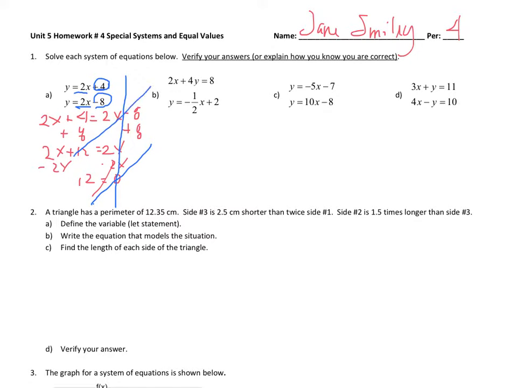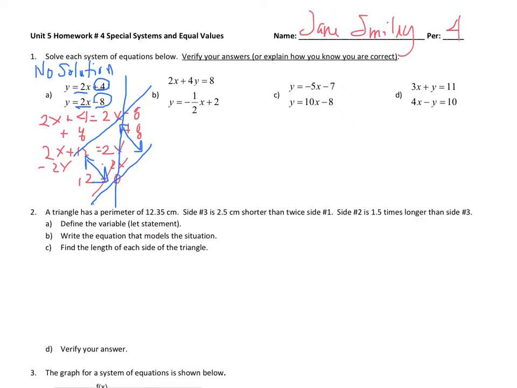Here's 4. And since they have the same slope, they are going to be parallel or equidistant and never intersect. Therefore, they have no solution. They're parallel lines. So our answer to A is no solution. There are no two numbers that will make both those equations true.